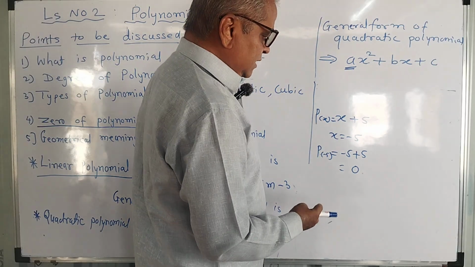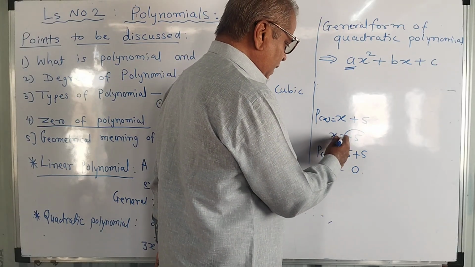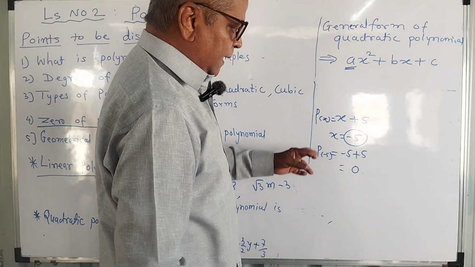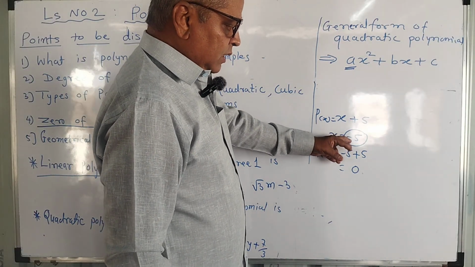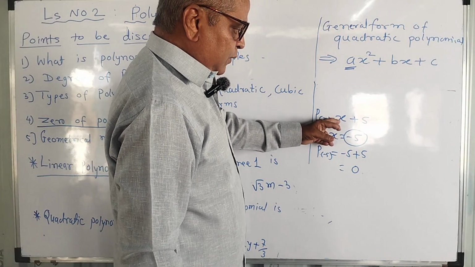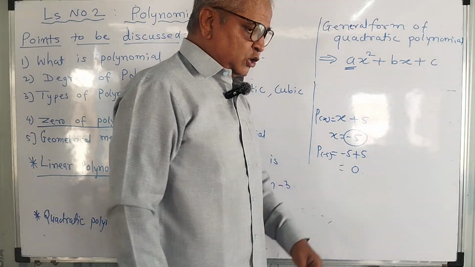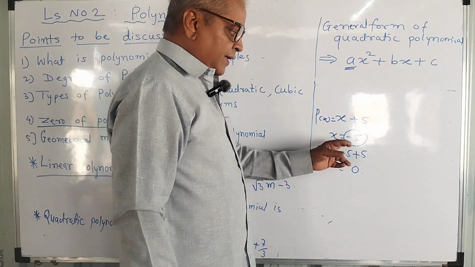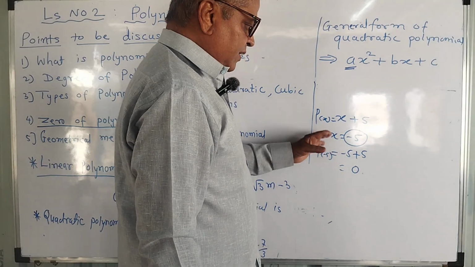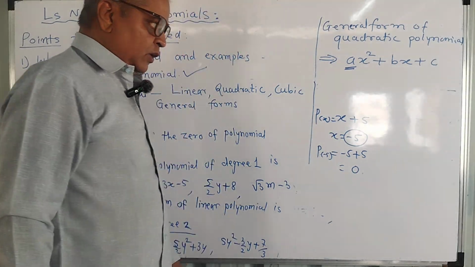If we put minus 5 in place of x, then the value of polynomial becomes 0, and that's why x equals minus 5 is the zero of this polynomial.